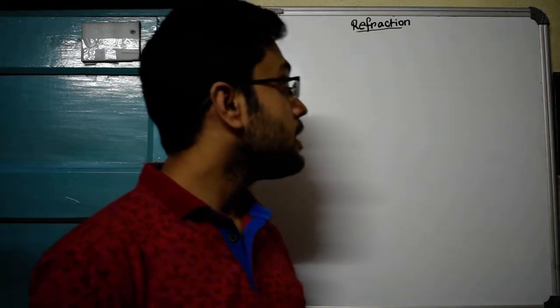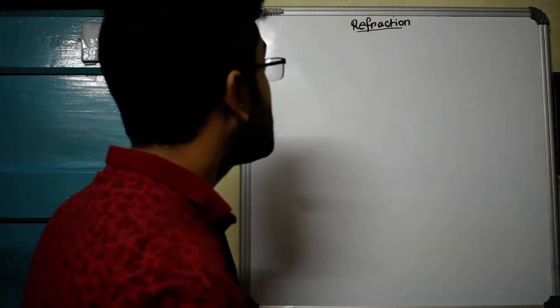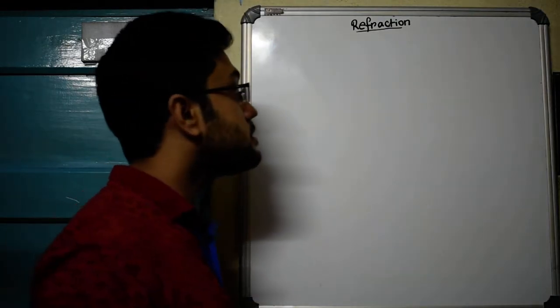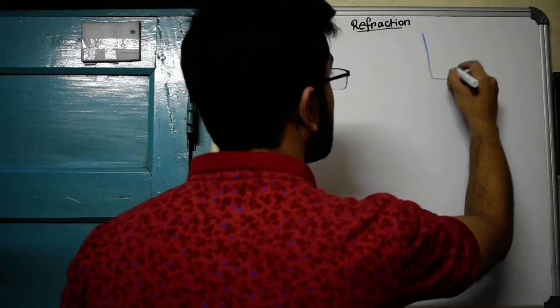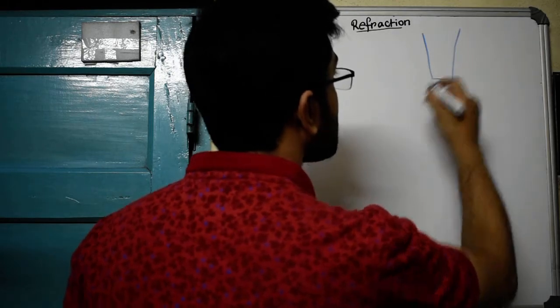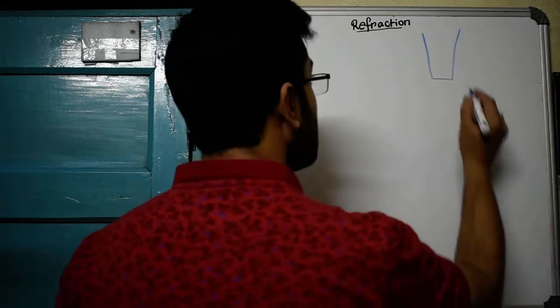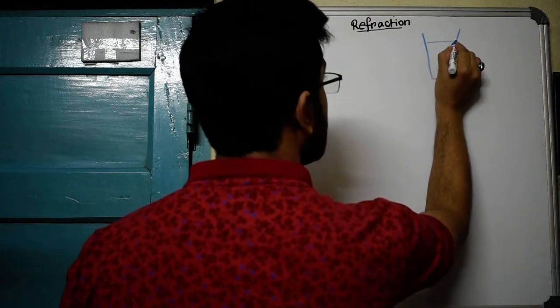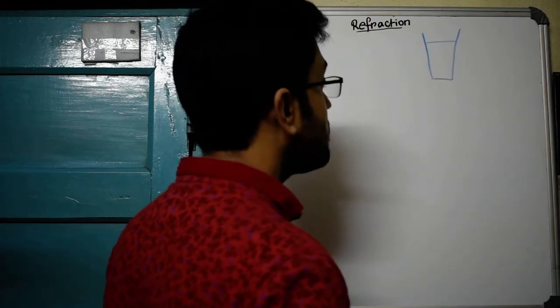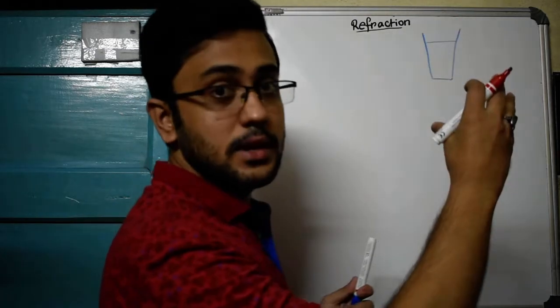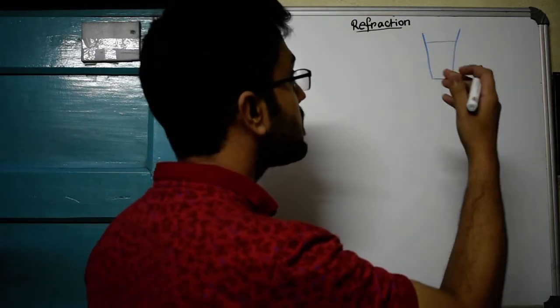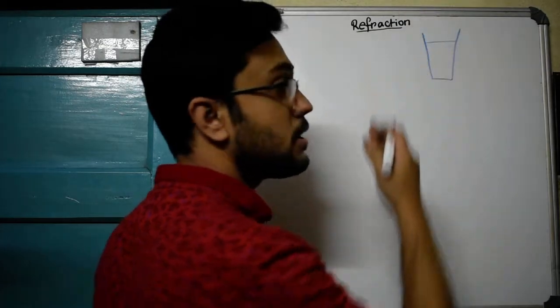Now I assume that you might have observed this everyday phenomenon. This is a pretty common phenomenon. Say you take a glass of water and fill it with water to a certain height, and you are sitting on this side of the glass looking at something on the other side of the glass.